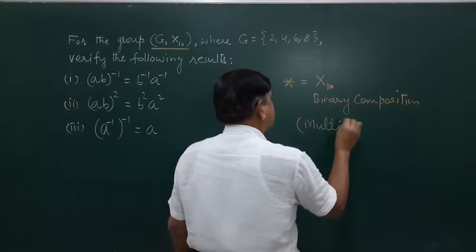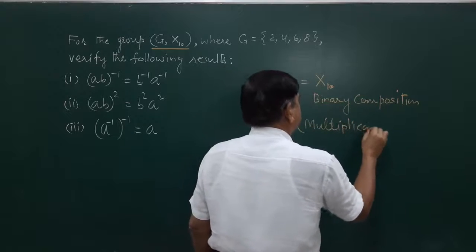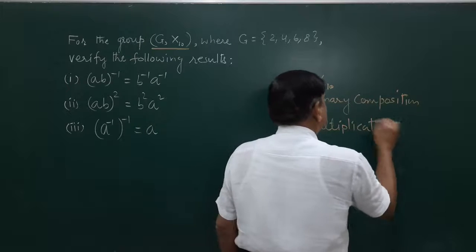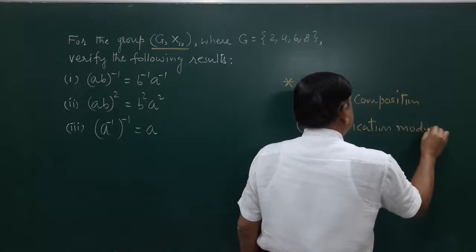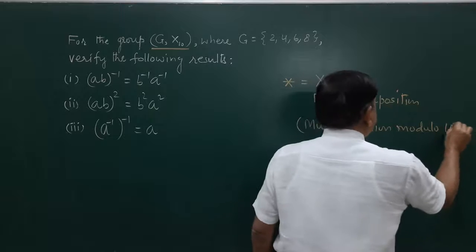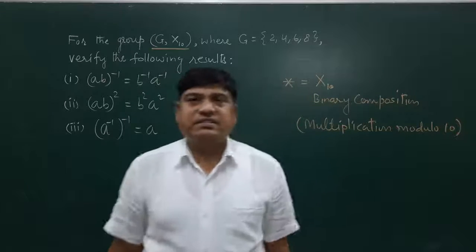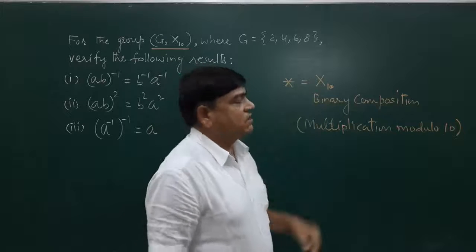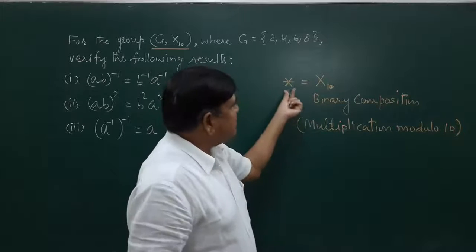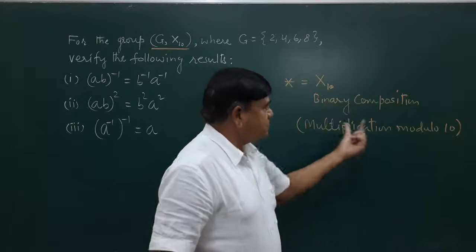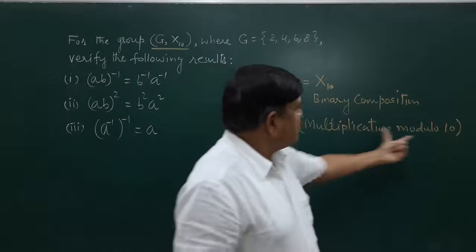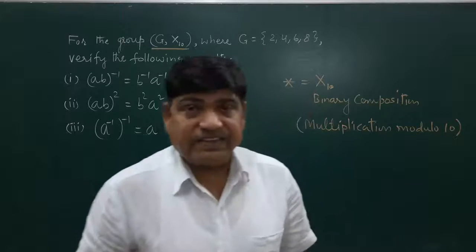What is the name of this? Multiplication modulo 10. This is the name of this particular binary composition. So a star b means this binary composition, and you people know multiplication modulo 10.